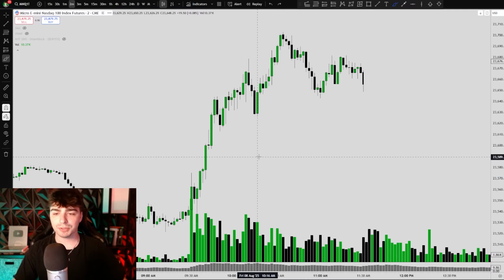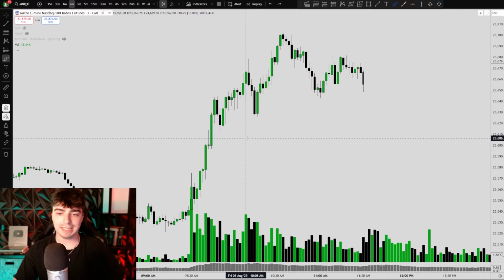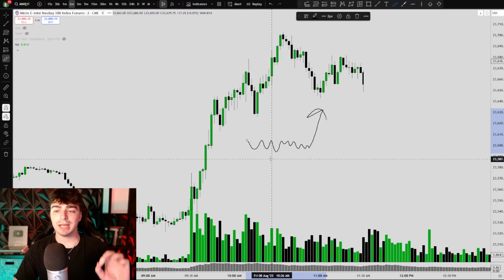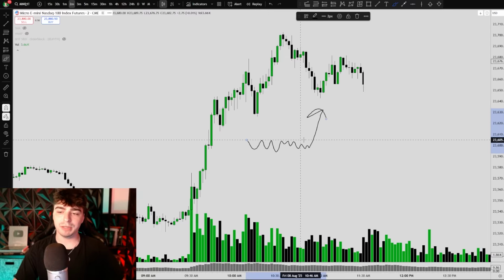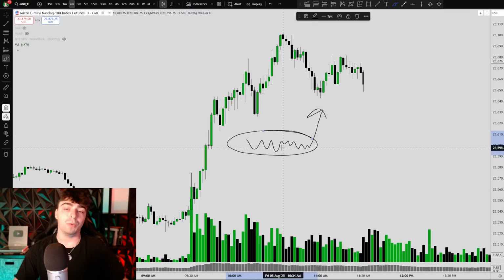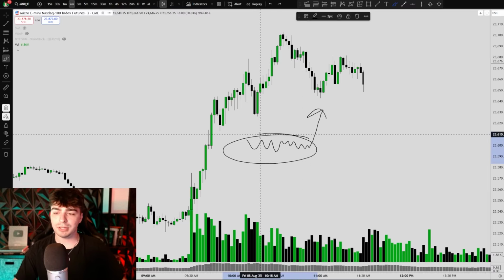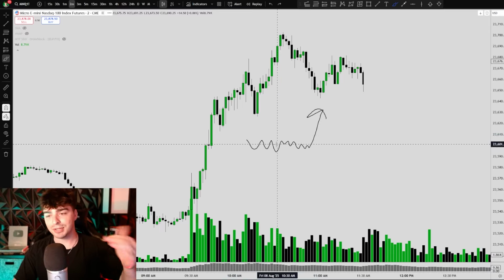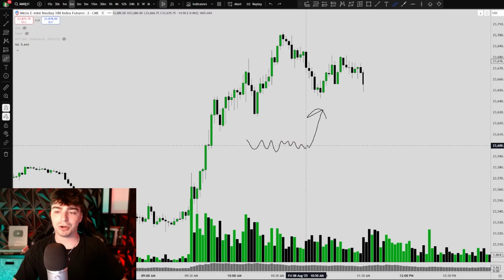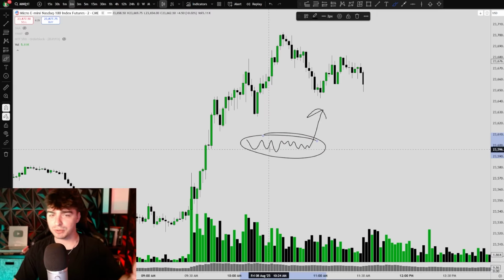Now, a lot of people also don't talk about the fact that supply and demand doesn't only work because institutions are buying at that area or selling at that area, right? It works because it's also going to be an area in which there are a lot of traders that are losing money. Why? Because when we have a consolidation, that usually means that buyers and sellers are going back and forth with one another. But if we have a sharp break away from that point in which those buyers and sellers were having that battle, then one side is going to be heavily underwater, right?